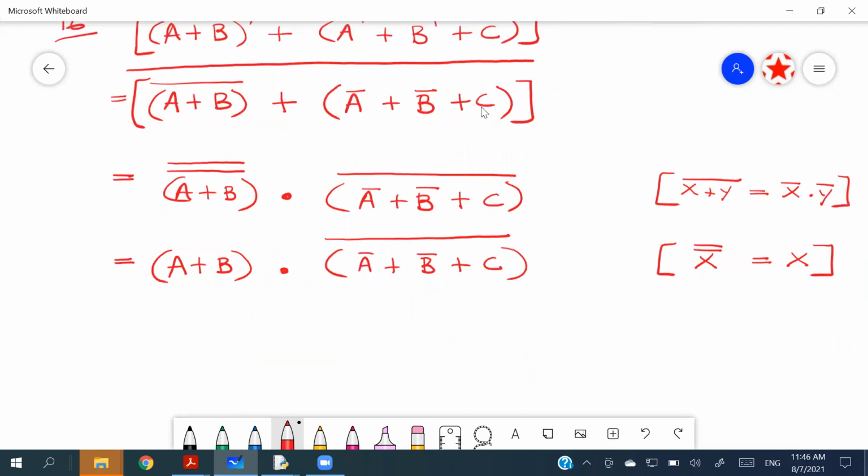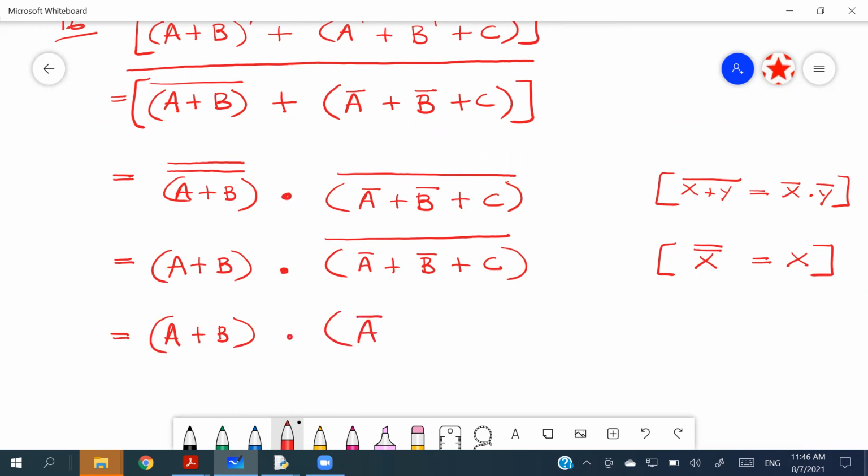Now you can't apply the distributive law to these two brackets because still there is a big bar above the a bar plus b bar plus c term. So again, we have to apply the De Morgans for those things as well. So now I'm having a plus b dot, and I'm going to apply the De Morgan to this particular term.